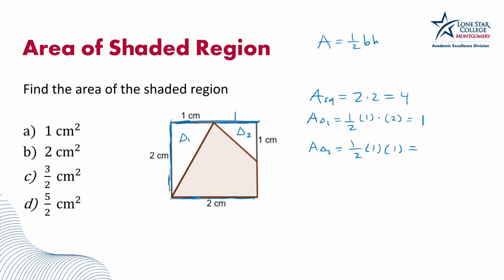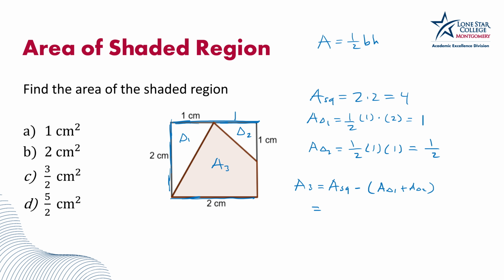So to find the area of the shaded region, let's call this A3 here. To find A3, we would take the overall area of the square and subtract the sum of triangle 1 and triangle 2. So area of triangle 1 plus area of triangle 2.